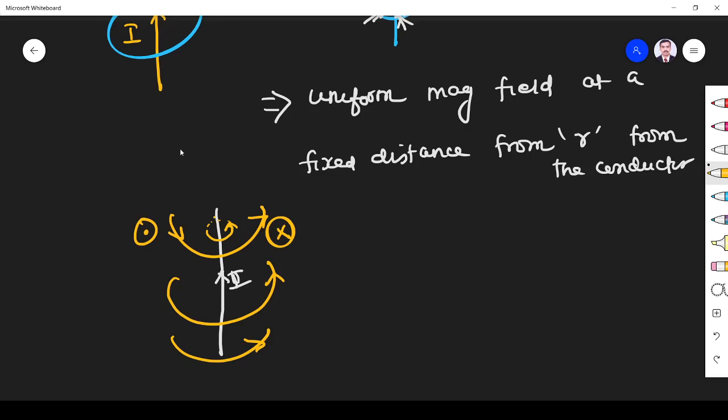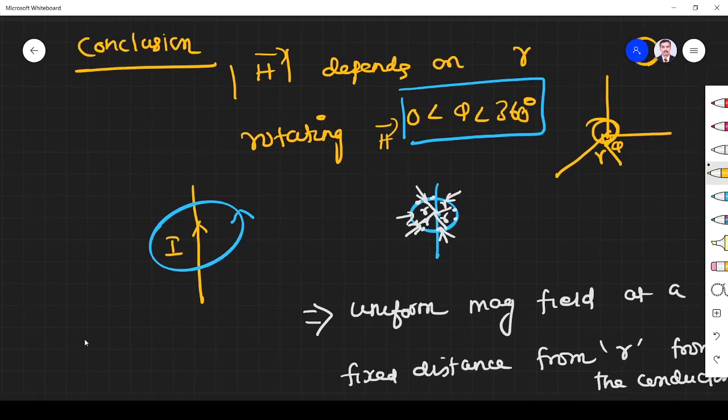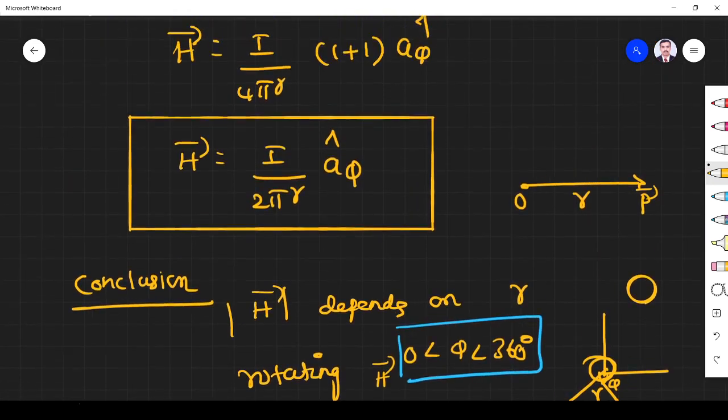Another point I want to emphasize is that H is independent of phi and Z. What is mod H? Mod H is the magnitude, I by 2 pi R, and the magnitude of the unit vector a is 1.